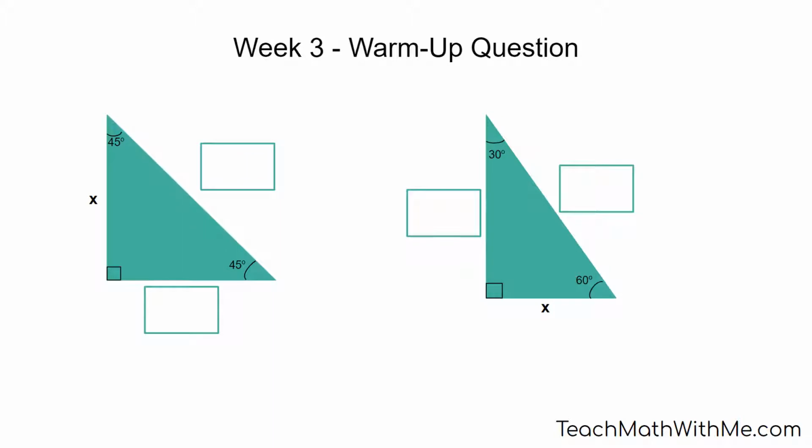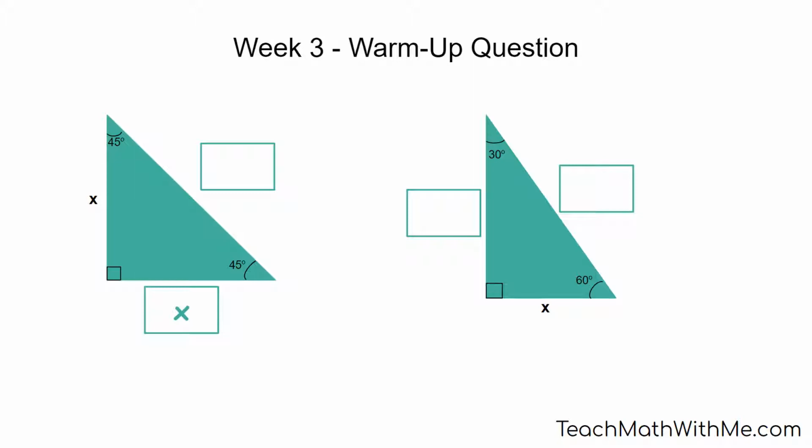So let's review these relationships. For the 45-45-90 triangle on the left, if we're given that the length of the leg opposite one of the 45-degree angles is x, then what is the length of the other leg opposite the other 45-degree angle? You should have said x.